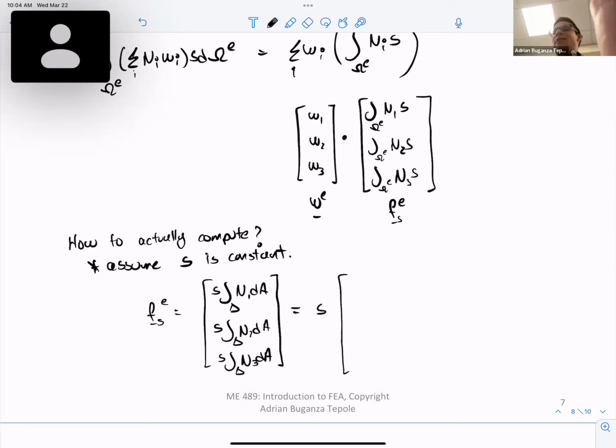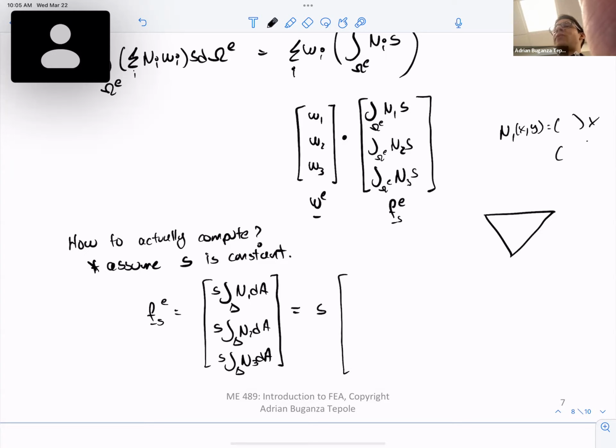Let me illustrate. Let's say you have some arbitrary triangle. Of course, you could write the first shape function in terms of x and y, and this you can do for your homework, but it's going to be some ugly expression. Then to set up the integral, you would have to split the integral, for example, between this x and this x and between these two lines, and then between this x and this x and between these two lines. That is a little bit complicated, but you can do it.